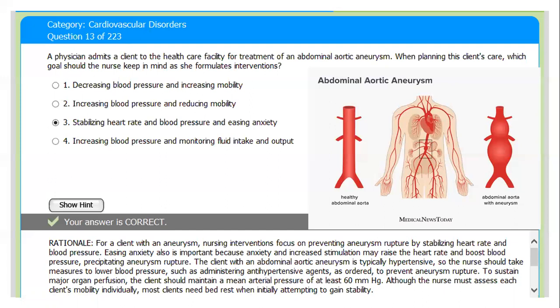So nursing care is important if your patient has an aortic aneurysm. Keep note, there are various nursing interventions for aortic aneurysm that we have to follow. We prepare the client for serial ultrasonography, which is conducted every 6 months to assess the size of the aneurysm.